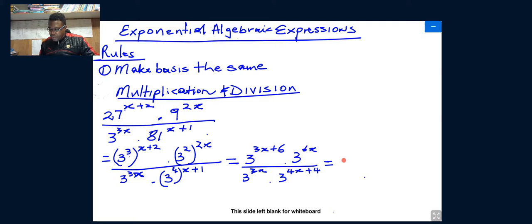The answer, we will end up with 3 to the power 2, which equals 9. I'm not going to explain what we did. Here, we're multiplying same bases. The law says, actually law number 1 of the exponents, you keep the base and you add the exponents.